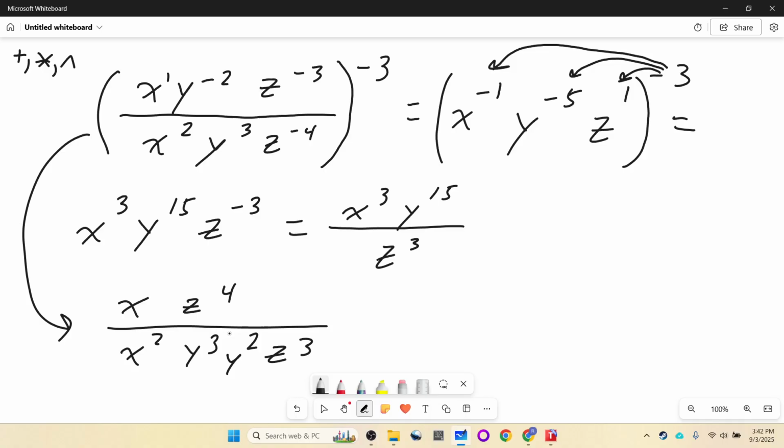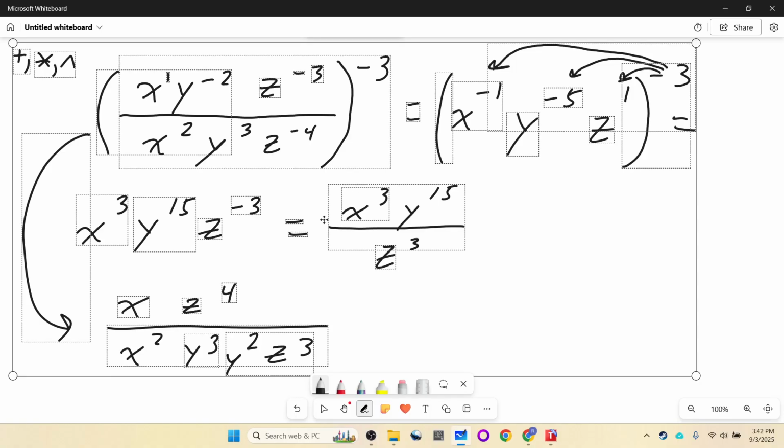I don't know if that's helpful, because then I think I like the other way better, but if you started that way, you would eventually get to the same place.